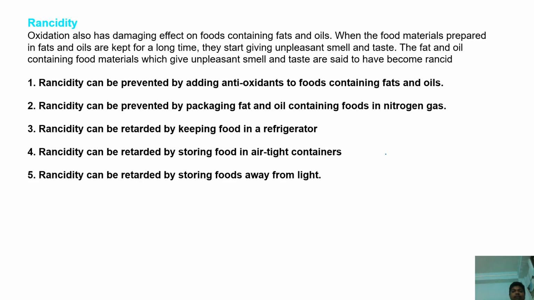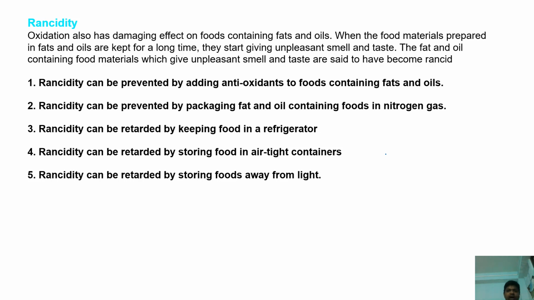Rancidity can be prevented by adding antioxidants to foods which contain fats and oils, which prevent the food materials from getting oxidized. Second, you can keep the food in the presence of nitrogen gas. As you know, in packets of Lay's, Kurkure and other chips, nitrogen gas is filled.